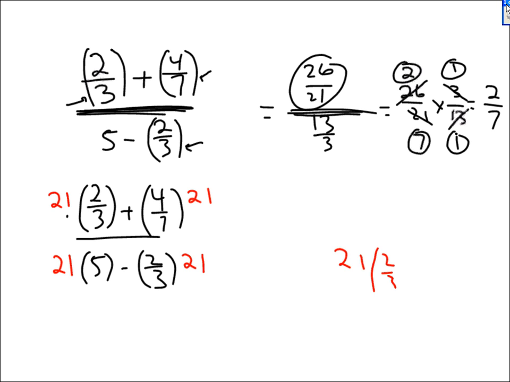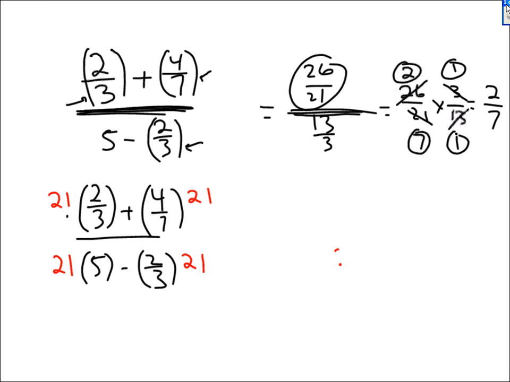They'll say that 21 times 2/3 is 42/3, because 21 times 2 is 42. Absolutely correct. But you completely lost why we are multiplying by 21.